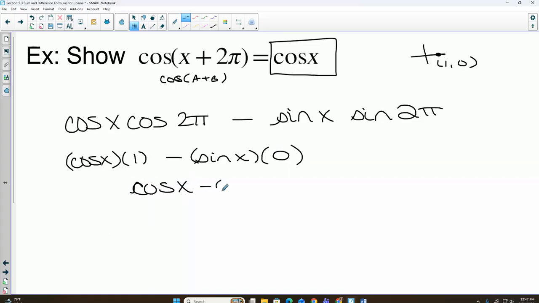So I just have cosine of x minus 0, or cosine of x. Is that okay? Got just a couple more examples.